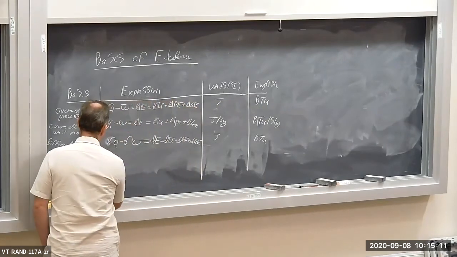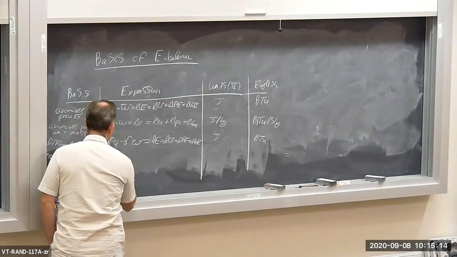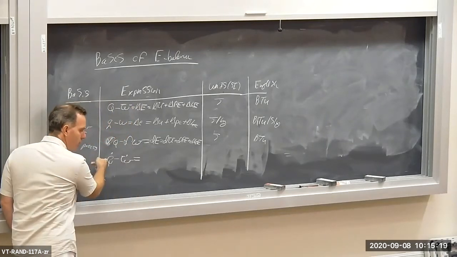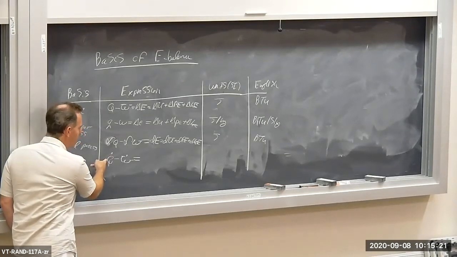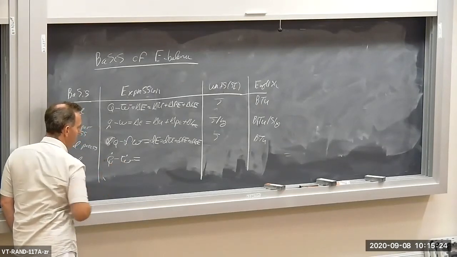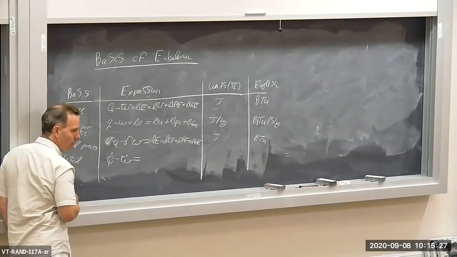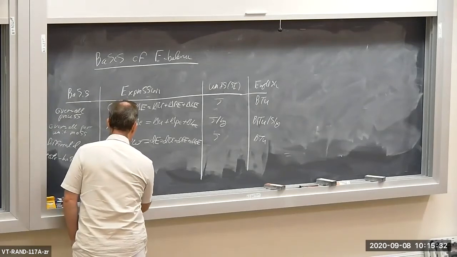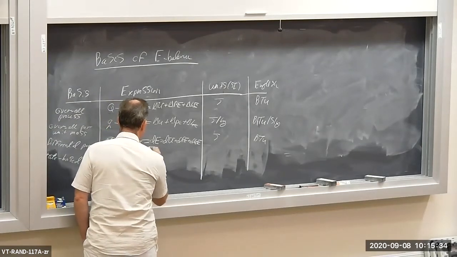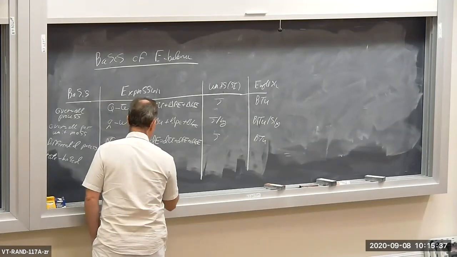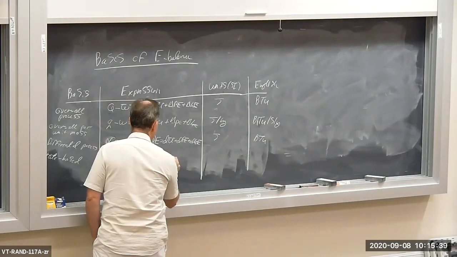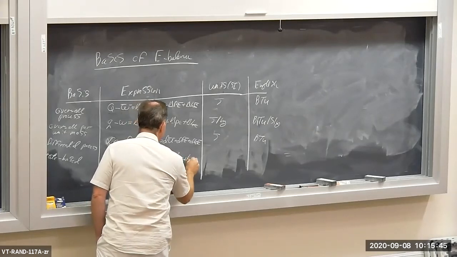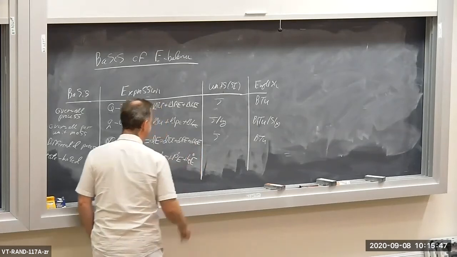And I end up with Q dot minus W dot is equal to, so the time rate of change of heat, the rate at which heat is added to the system, minus the rate at which work is done by the system, is equal to the rate of change of total energy of the system. And that's, of course, equal to the rate of change of internal energy plus the rate of change of potential plus the rate of change in kinetic energy.